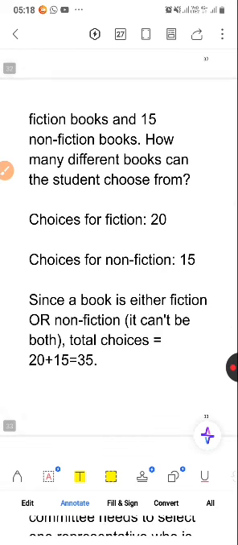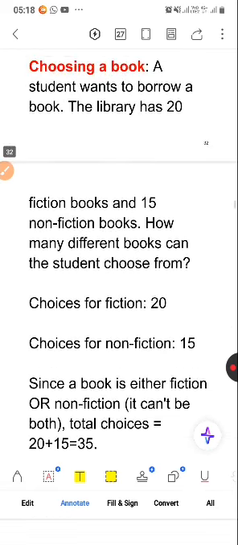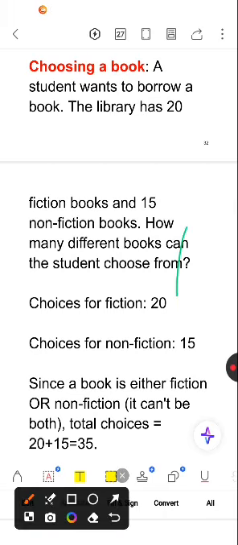Now, when the student wants to select a fiction book, there are 20 possibilities, because there are 20 different fiction books, very important, and there are 15 different non-fiction books.